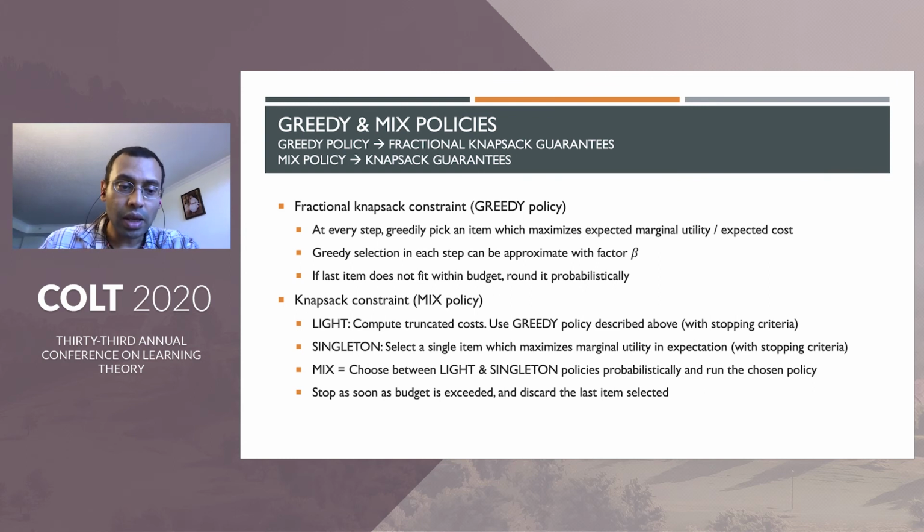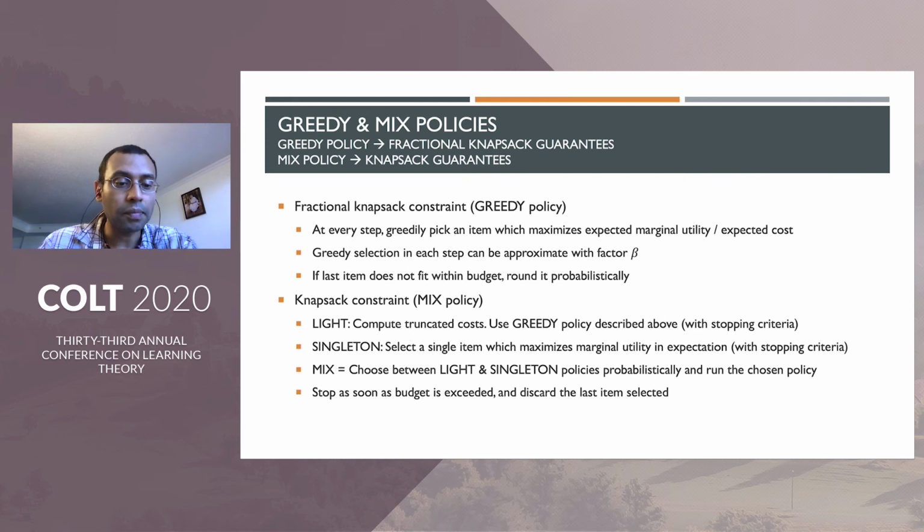This is a policy in itself, and the idea is to first transform the item costs. We describe the specific transformation we use within the paper. It's from previous work on stochastic knapsack. So we transform the item costs, and we can now use the greedy policy described above with these transformed item costs. That's the first component.